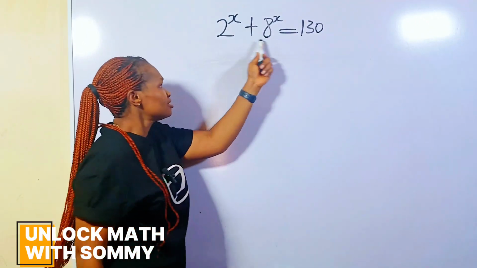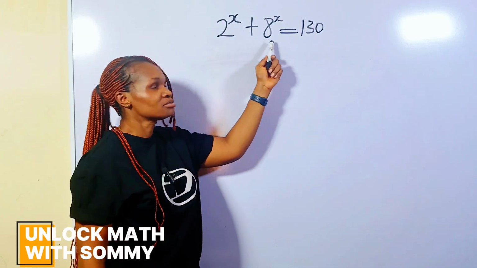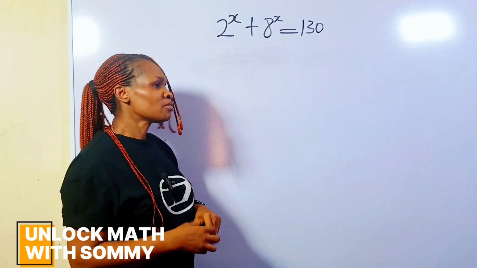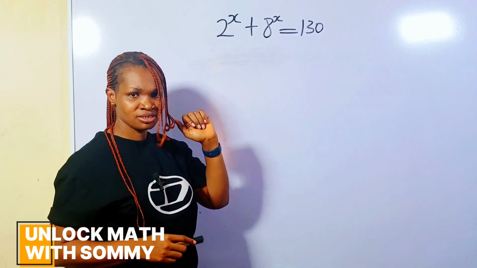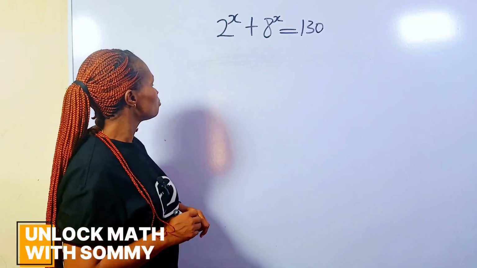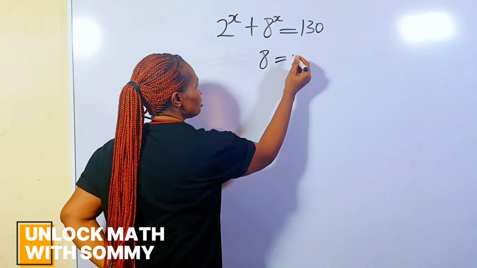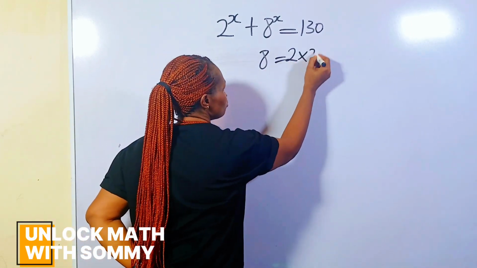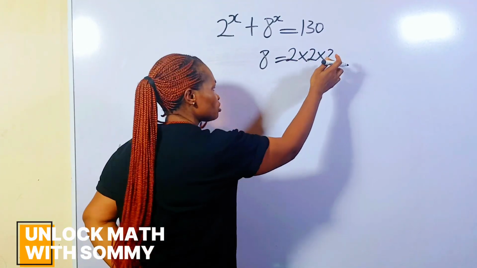If you look at this equation again, you notice that there is a 2 and there's an 8. Therefore, there is a relationship between 2 and 8. 8 is the same thing as 2 multiplied by 2 multiplied by 2, which is 2 to 4 to 8.